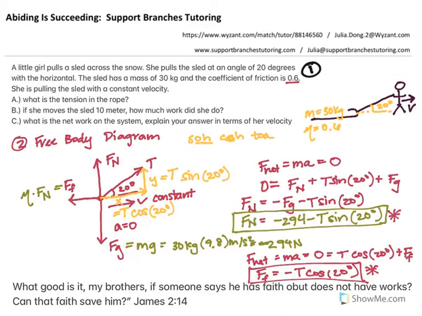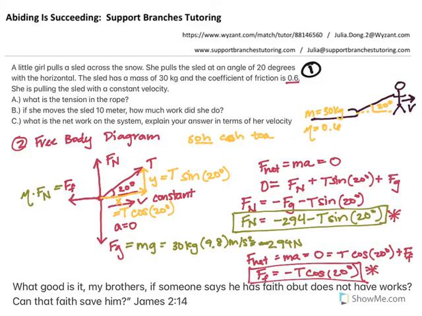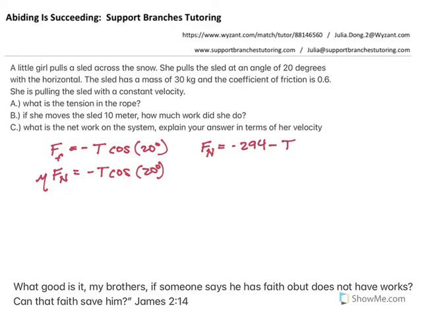We had that the normal force was equal to negative 294, because that was our gravity, minus the tension sine of 20 degrees. So we're going to plug that into here.